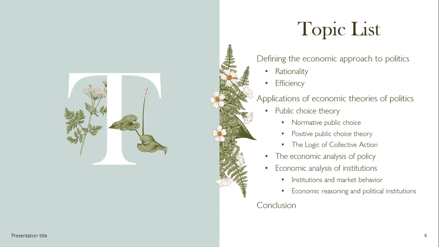Then we have the economic analysis of policy, and then the economic analysis of institutions, which also branches out to institutions and market behavior, economic reasoning, and political institutions. Then we will have our overall conclusion of the whole discussion of chapter 6.